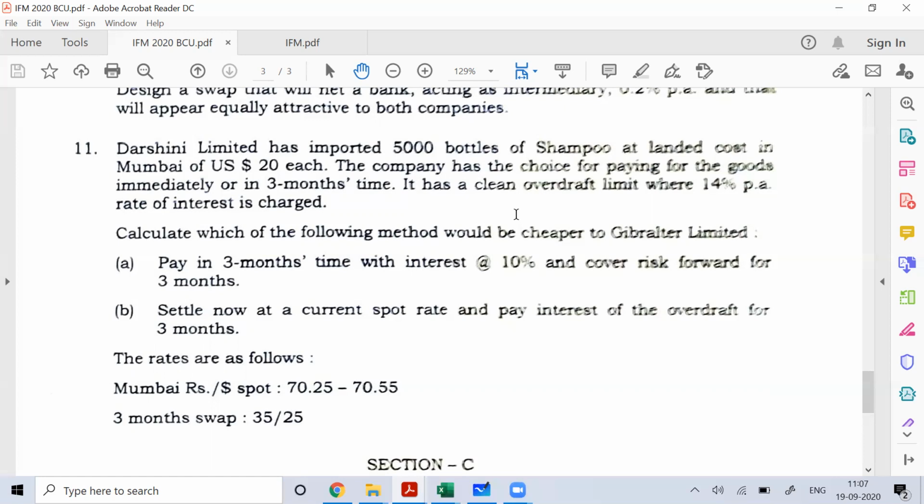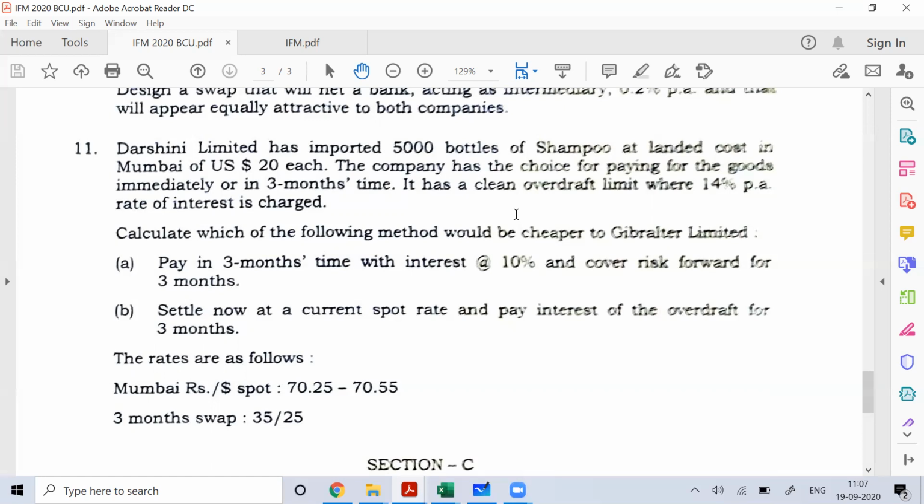So that is 14 divided by 4, so 7 by 2 means 3.5% for 90 days. So if they want, they can borrow the money at 3.5% for 90 days, and then they can pay the money.